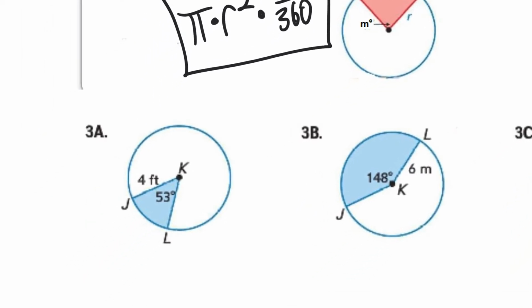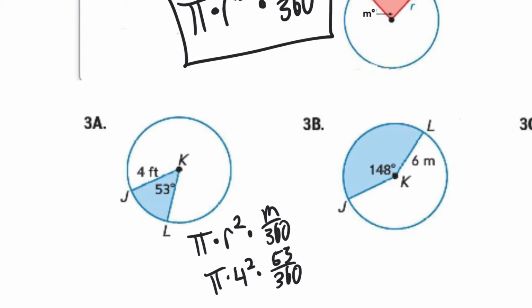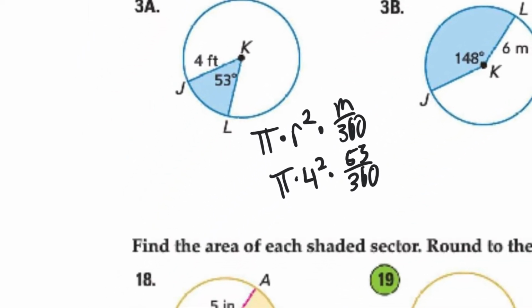So on this first one, I want to know the area of this blue part right here. So I'm going to do pi times r squared times m over 360, which is going to be pi times 4 squared times 53 over 360. Go ahead and type that in your calculator real quick.